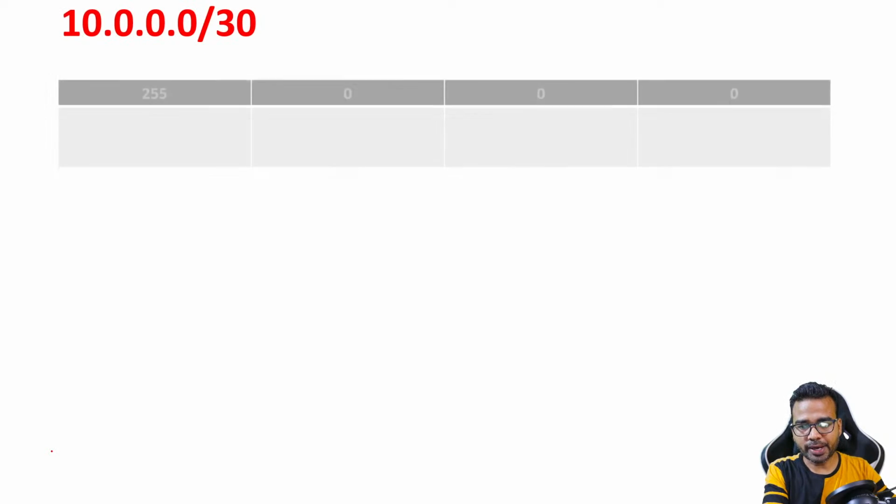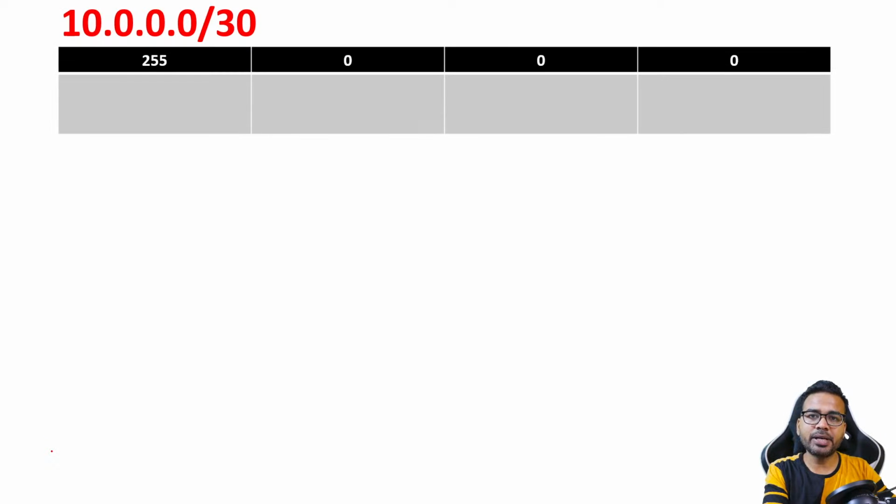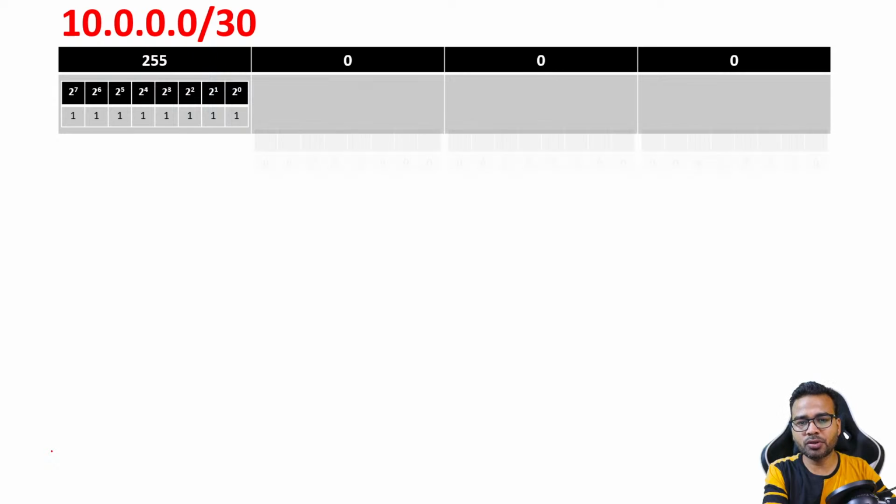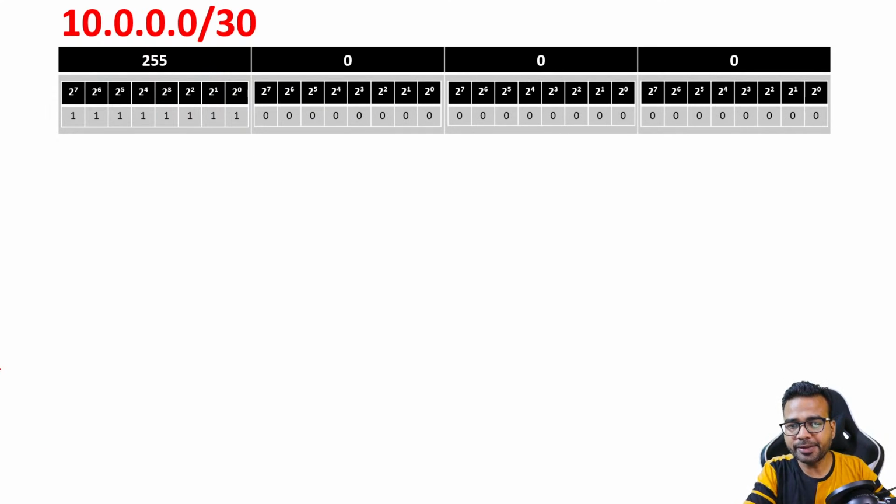Okay, so as we know, the class A IP address default subnet mask is 255.0.0.0. Why? Because in a class A IP address, the first 8 bits are reserved for the network, right? The CIDR value means the total number of bits that are reserved for the network. So by default, /8 is the CIDR value of a class A IP address.